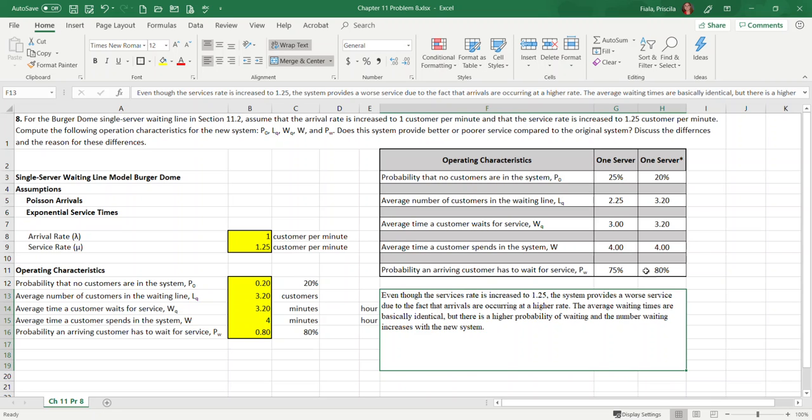How much did it increase? But also, when you're working with multiple servers, consider the cost of one server versus more than one server. Is the difference so dramatic that you should use multiple servers? So just think of all that when you're analyzing your case for week 4, due in week 6. I hope this helps to clarify a little bit, and let me know if there are any questions.